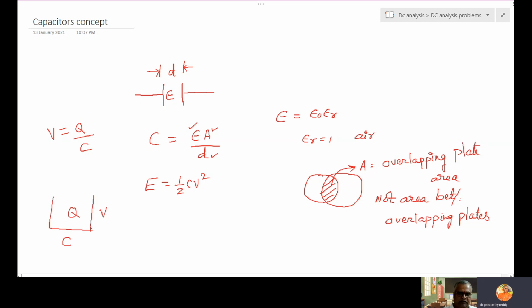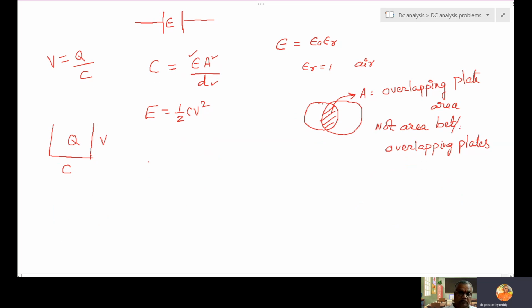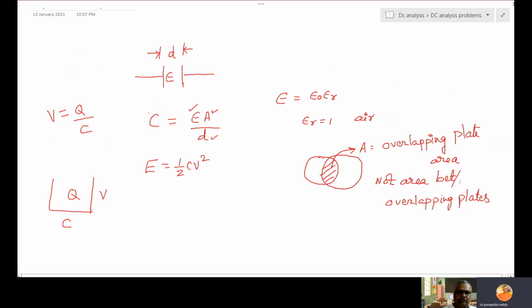These are the basics. Capacitor stores static energy. Energy formula is half CV square. Now we will see how capacitor value can be changed. Capacitor value is changed by changing epsilon, or by changing overlapping plate area or distance.